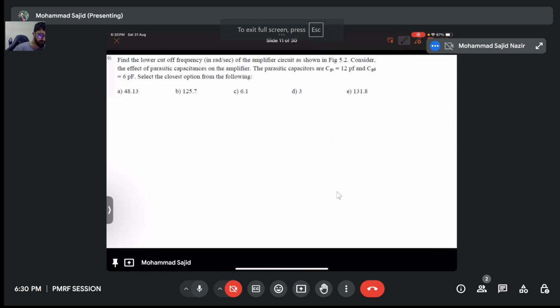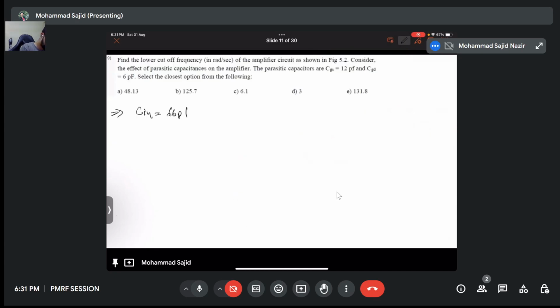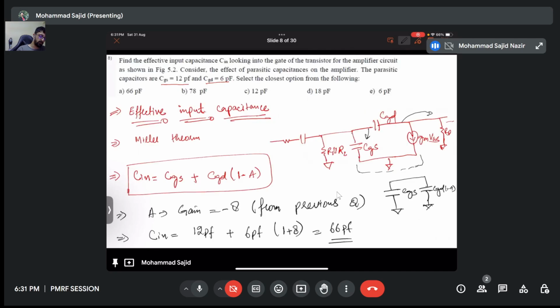Okay, so we have calculated the effective input capacitance, C input effective, which is 66 picofarad. Now we can calculate the lower cutoff frequency, which will be given by 1 over 2 pi R input C input.